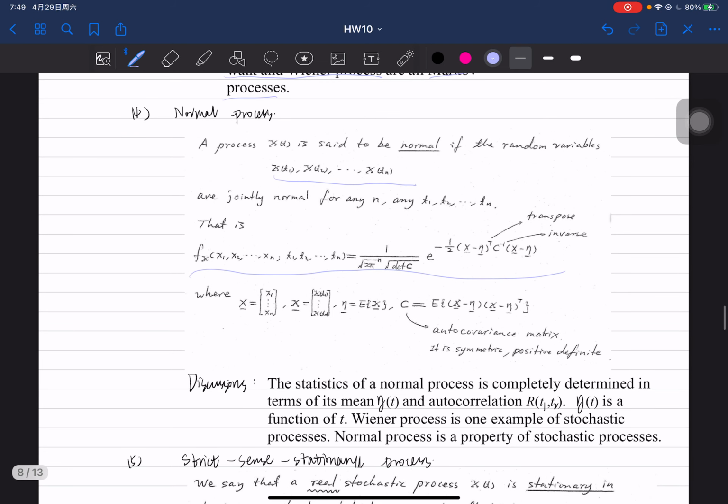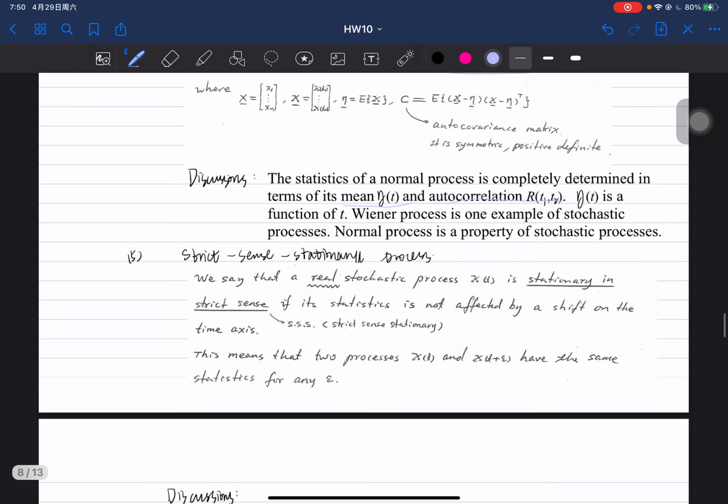The statistics of a normal process is completely determined in terms of its mean and the autocorrelation. The mean is a function of t. The linear process is one example of the stochastic process. Normal process is a property of the stochastic process.